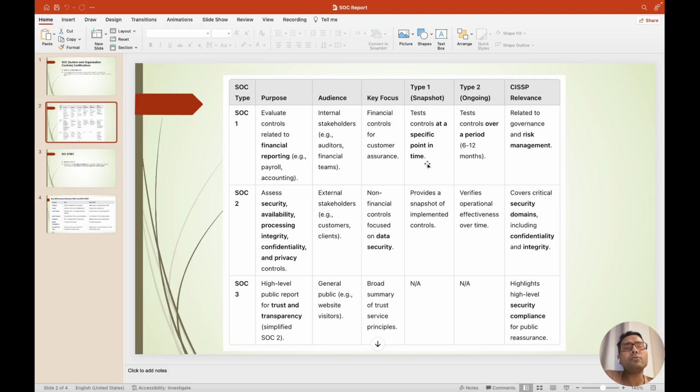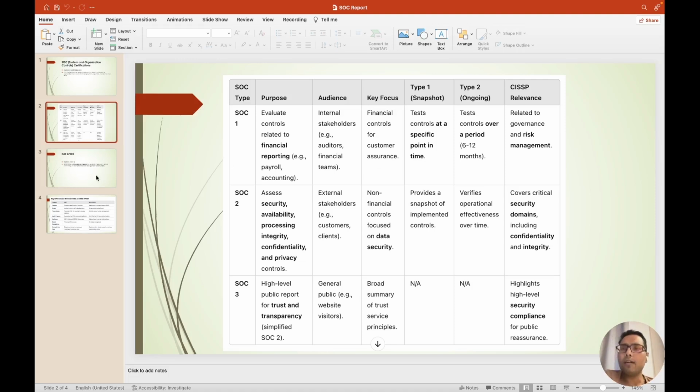At that time you need to conduct a type 2 audit. So the difference is, one is a snapshot, one is over a period of time. For both SOC 1 and SOC 2, the same principle applies. But for SOC 3 we don't have any type 1 or type 2.